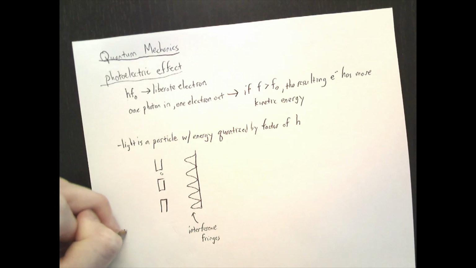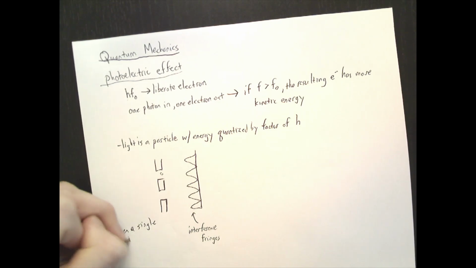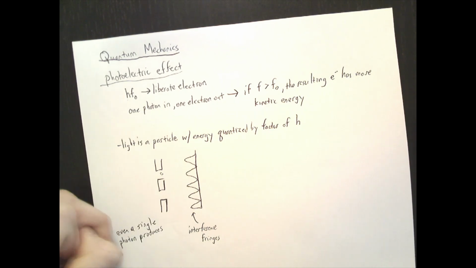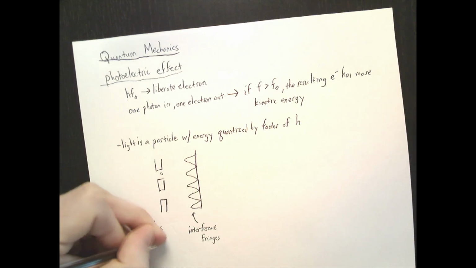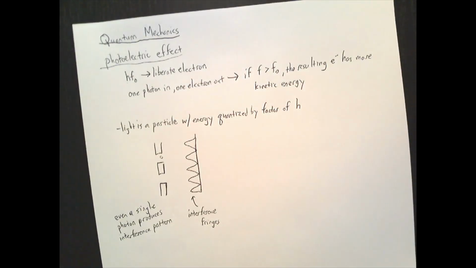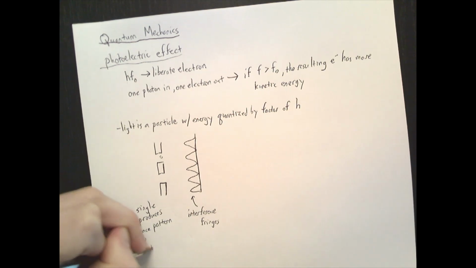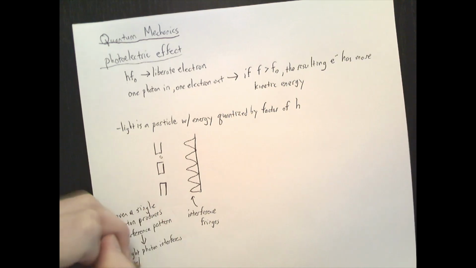So even a single photon produces an interference pattern, because once that light goes through the slit, it eventually turns back into a wave, it interferes with itself, and we get a pattern. So a light photon interferes with itself. Well, that's weird.